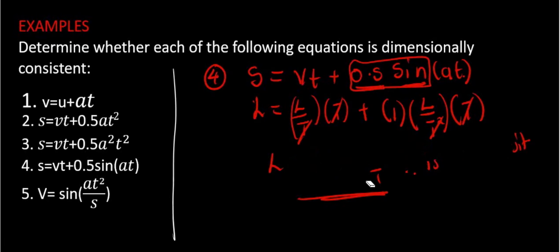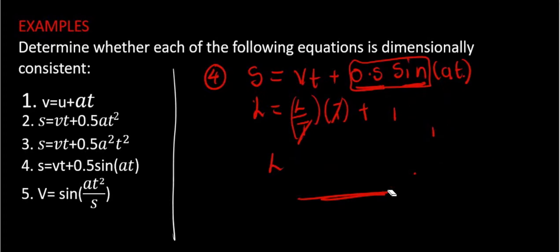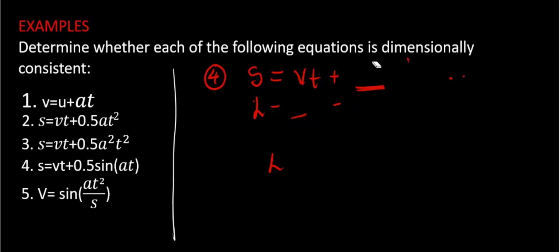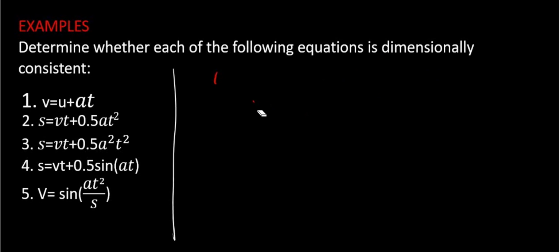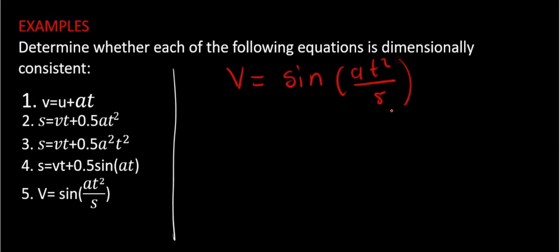Let's go to question 5 again. In question 5, velocity equals sine a t squared over s, like that, right? So velocity, remember, is L over t equal to, this is sine, that's 1 in short.